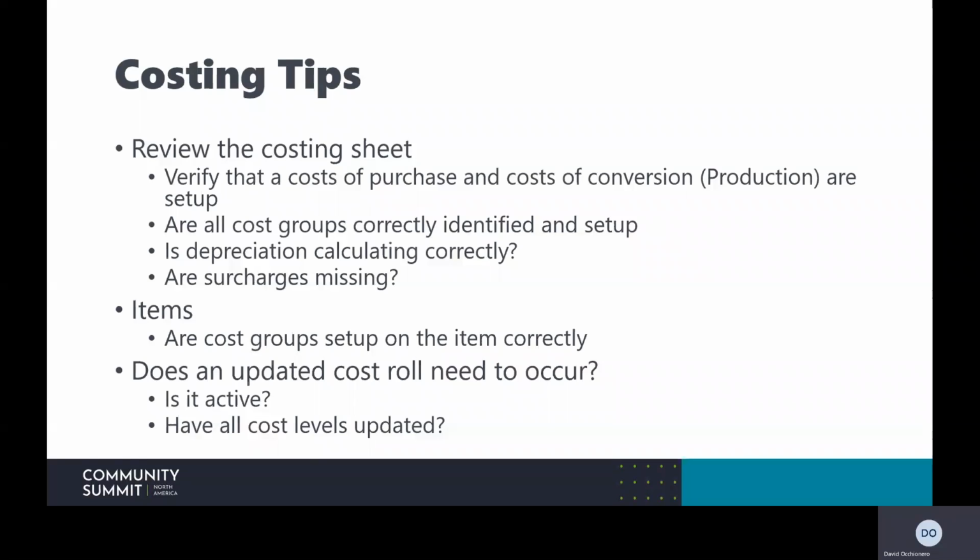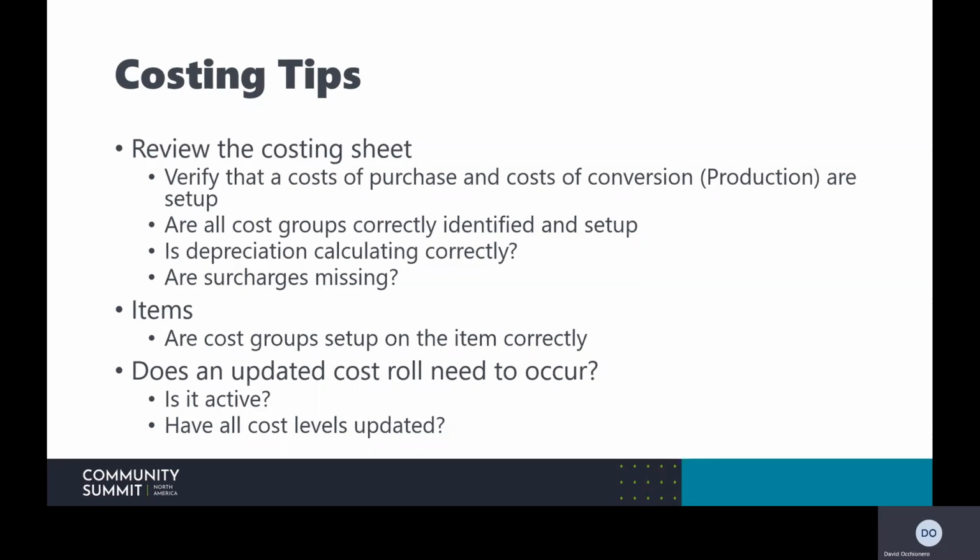Why isn't my 3% freight set up on my purchase items when they come in? That can be configured in the costing sheet. So let's look at that costing sheet. Can we find anything that we could improve on? That costing sheet can really uncover a lot of issues and help us with getting our costs correct.